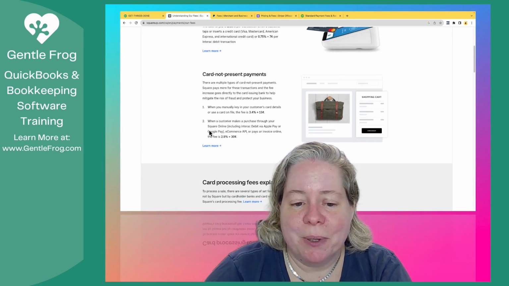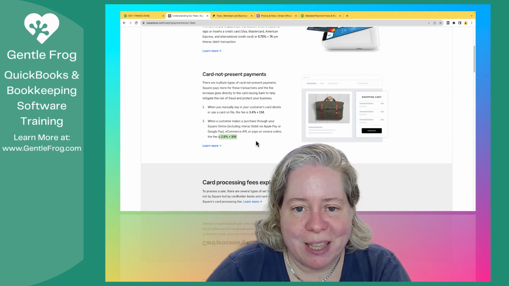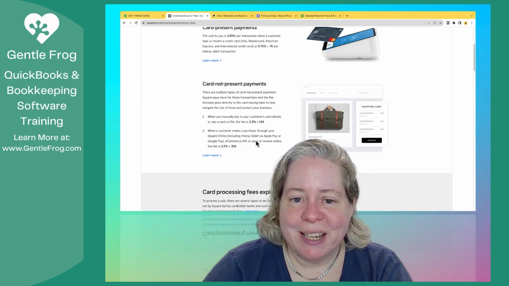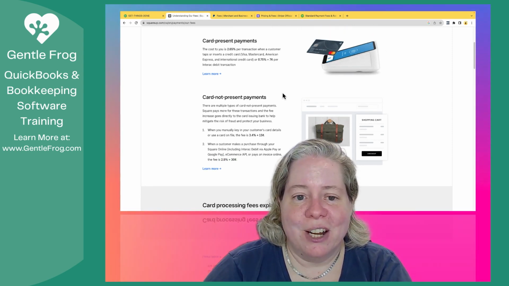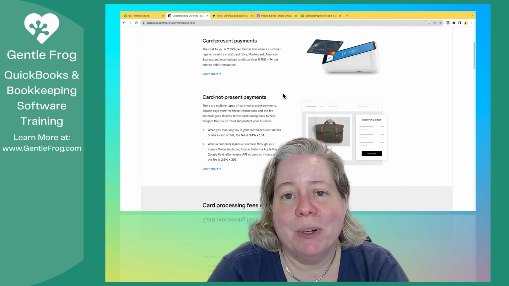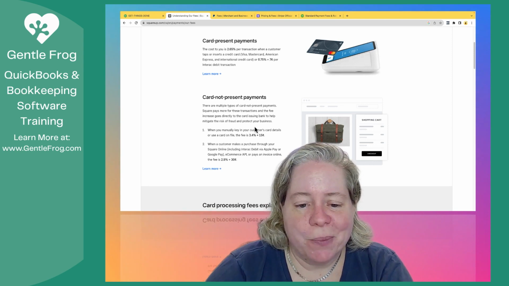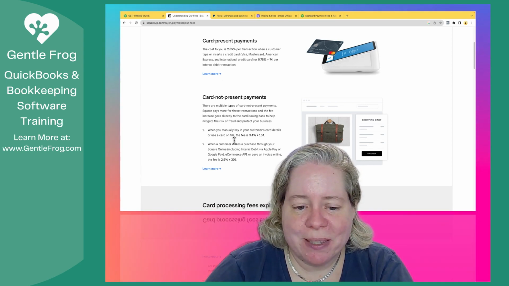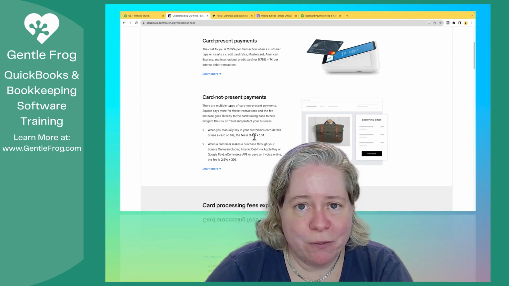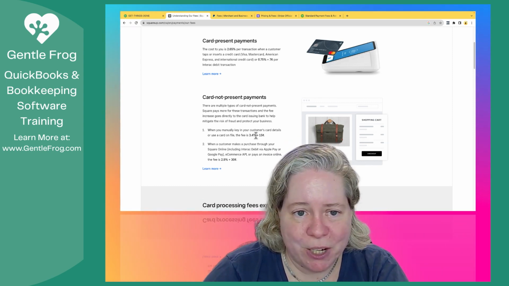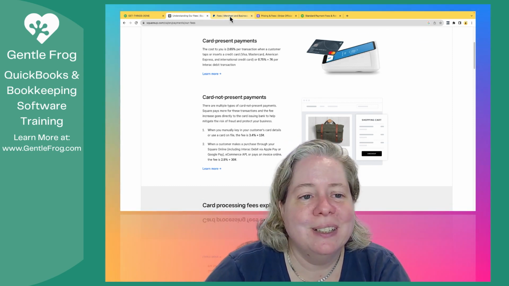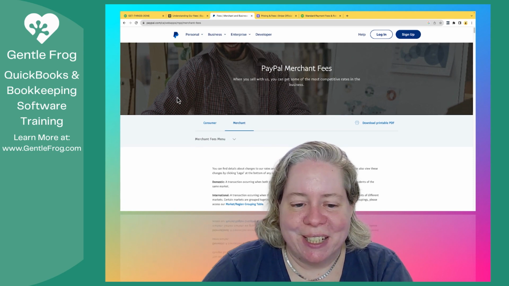When a customer makes a purchase through Square Online, so they do an online payment, slightly lower fee. You get the idea here that your credit card fees are not set in stone, a perfect number that you can just automatically calculate, but you're like, okay, it's going to be somewhere between 2.65% and 3.4%, depending on the situation. So that's Square.